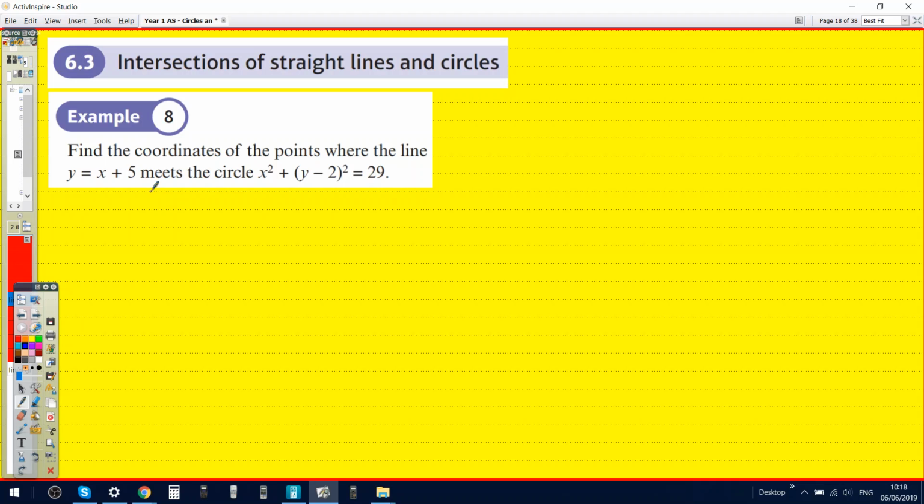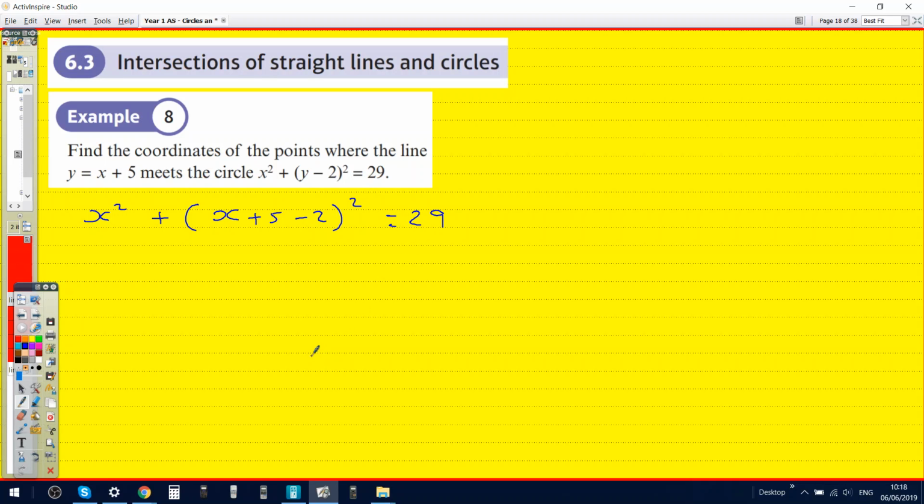Can you put the y equals x plus 5 in place of the y in the other equation? So what would you get? So x squared plus bracket x plus 5 minus 2 squared.